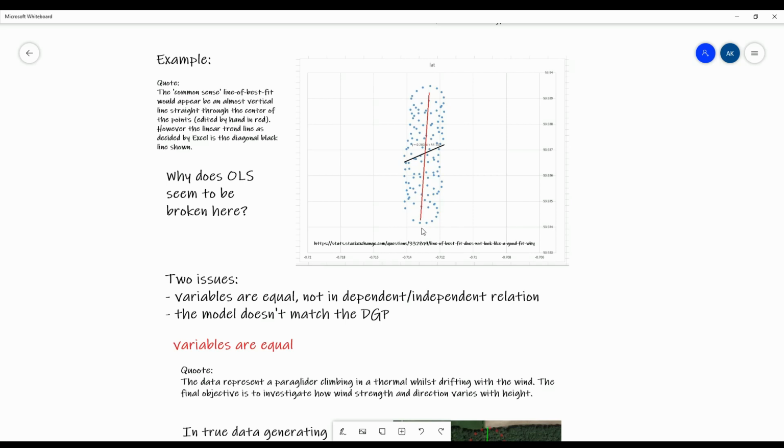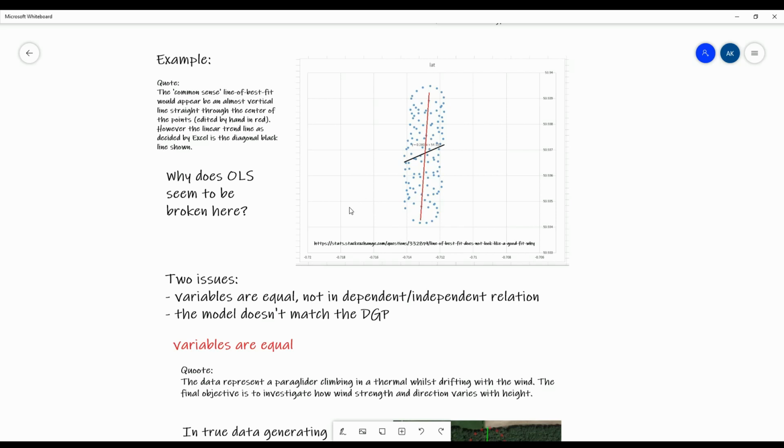It's like a visual. You would say this red line is probably a better fit, yet Excel is doing something else. So you might think that it's just a pure visual thing, that maybe it's just a matter of scale. Maybe we can change something there and so on. But I think the problem there was not it.